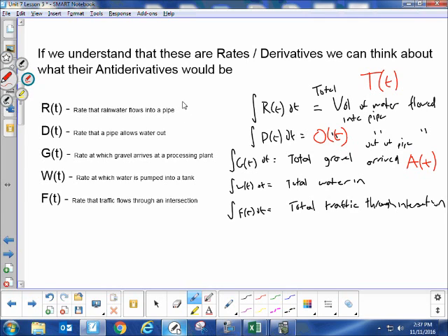And the important thing is the relationship between T and R, O and D, A and G: yes, the antiderivative of this, but the derivative of T would be R. The derivative of O would be D, et cetera, et cetera. Does that make sense so far? It's really interesting how they do that. They don't tell you that it is a derivative. They give you a capital letter, mostly to try to trick you.